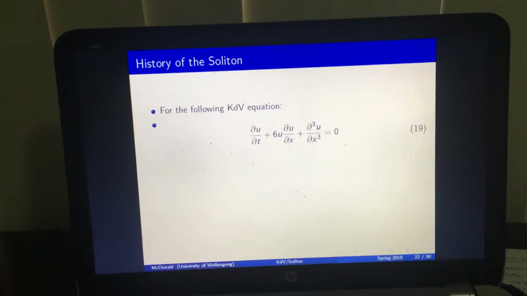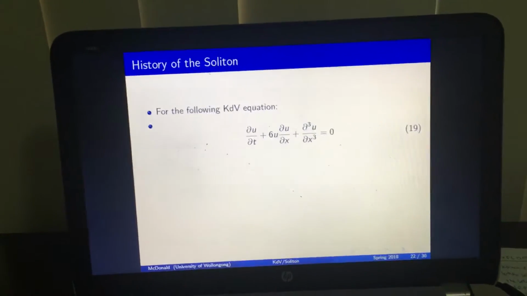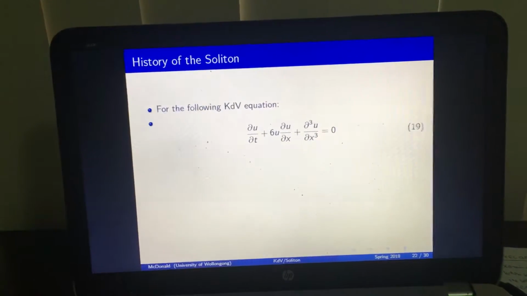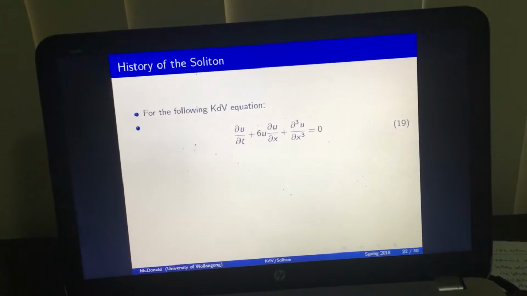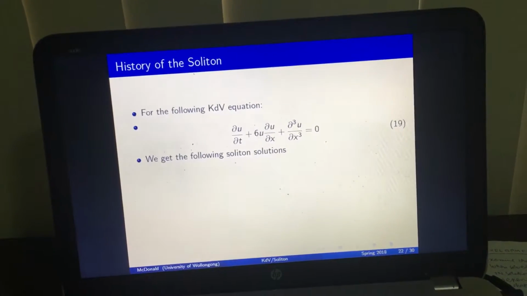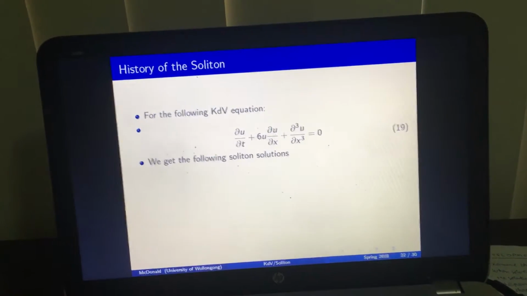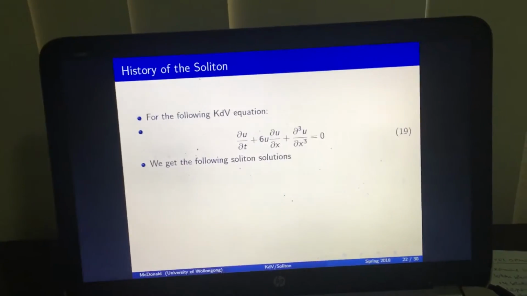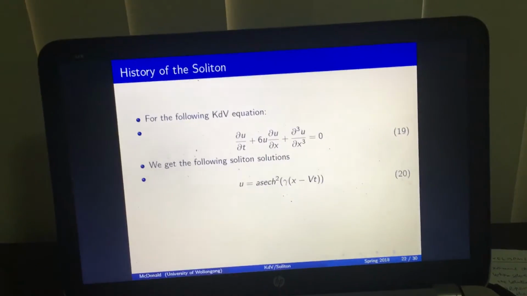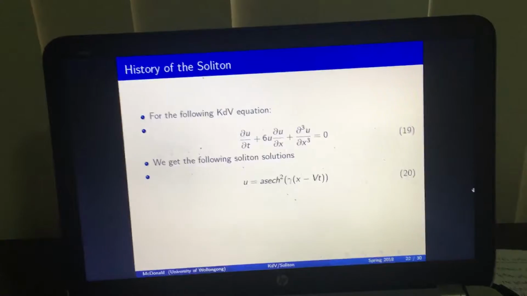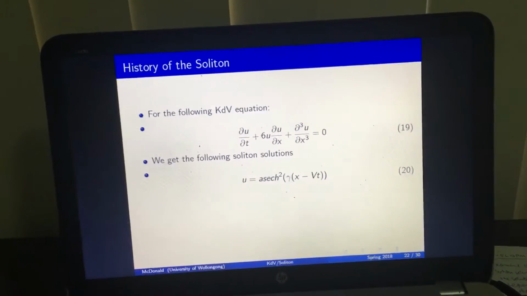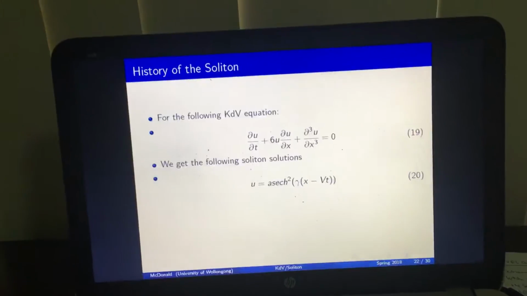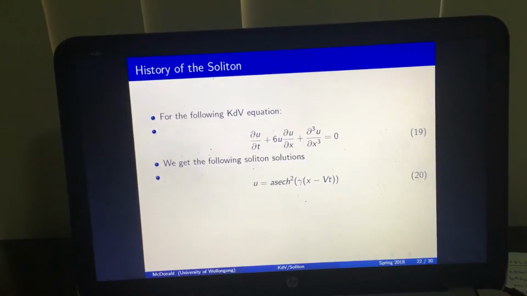Now for this KdV equation again, and here we have the constant 6 with the nonlinear term. We get the following soliton solutions. So we get u equals A sec squared gamma (x minus Vt). So that's a more general form.